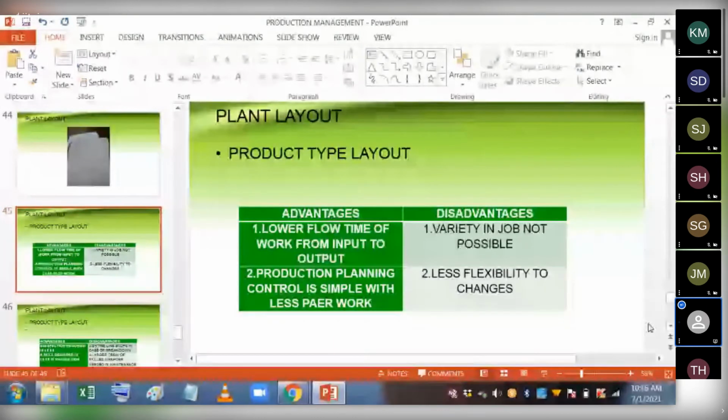In a day means in a span of 8 hours or 9 hours, you are producing 50 trucks or 100 cars, and these are lower figures. When the demand is high, they increase the production from this level also. So flow time of work from input to output is much less in case of a product type layout.